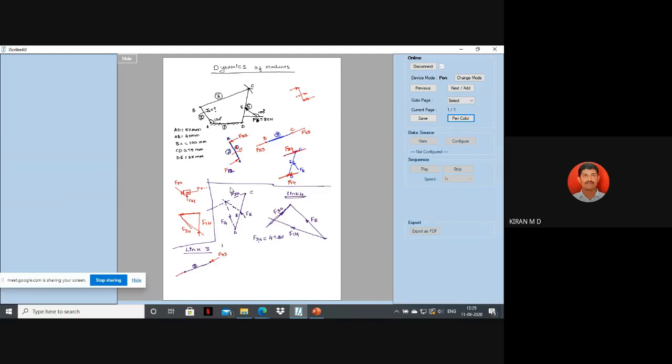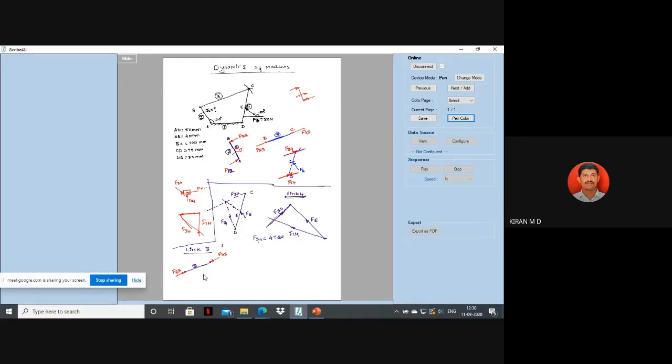Similarly, from link 2 the force acting on link 3 is F23. The first letter is the link from which the force is acting, and the second letter is the link to which the load is acting. On link 3 we are writing the forces.